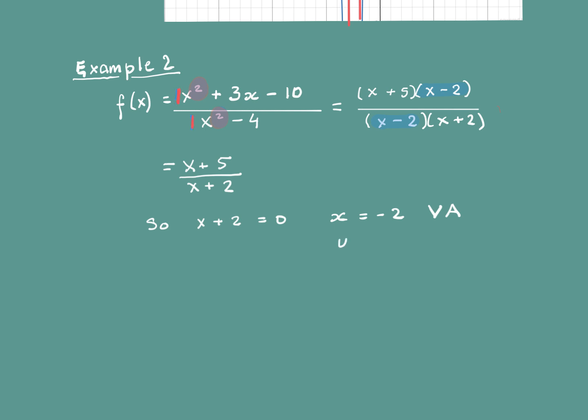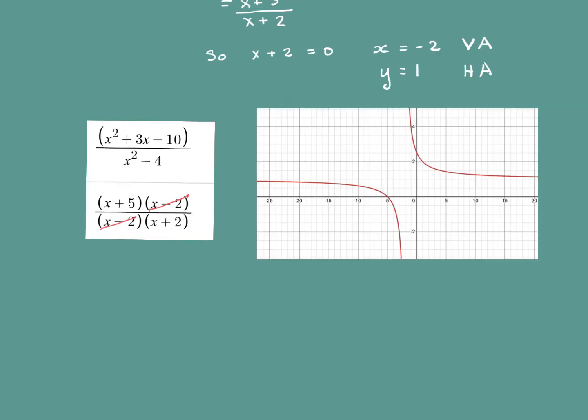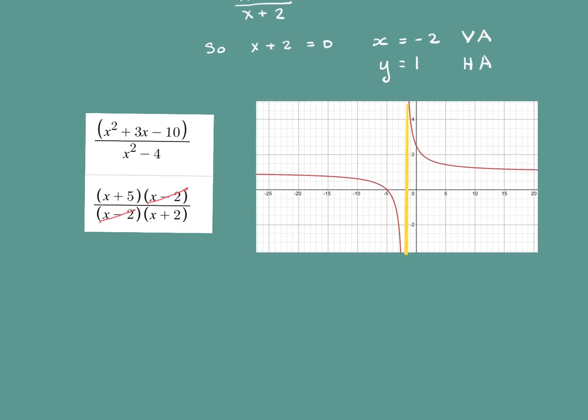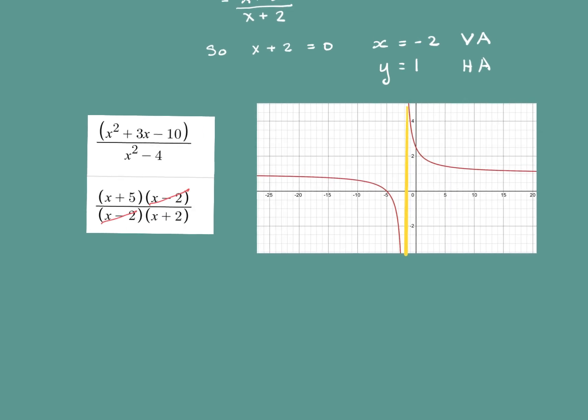So y is going to be equal to 1 is going to be our horizontal asymptote. And we can check this on the graph. x equals minus 2 is going to be our vertical asymptote, and y is equal to 1 is our horizontal asymptote.